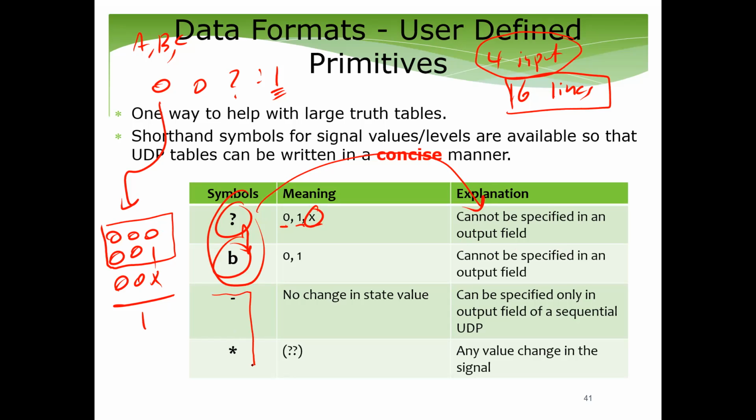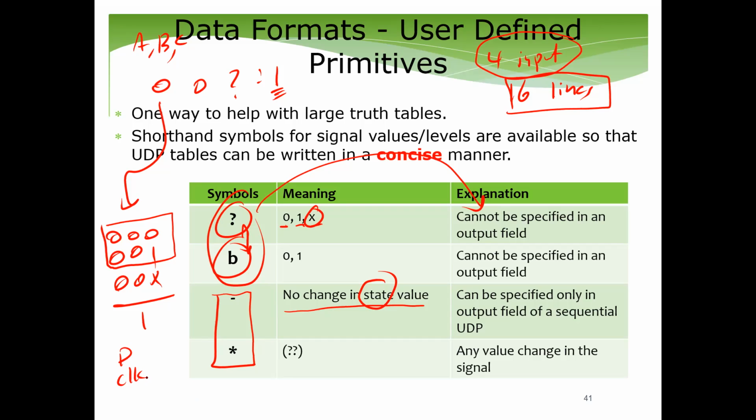We have two more symbols that can be used for the output. The minus symbol means there is no change in state value. Since there is the word state, it means we are talking about sequential circuits. For example, a D flip flop has an input D and an input for the clock.